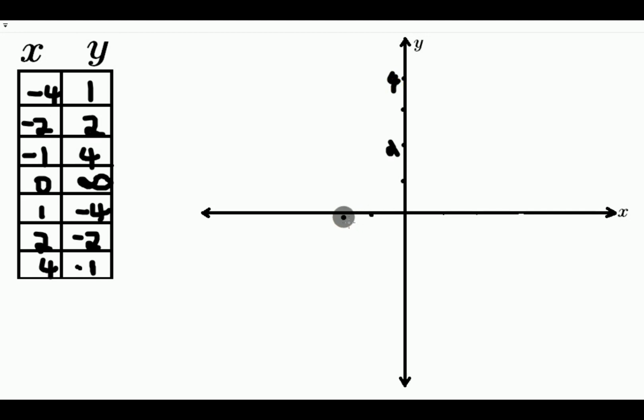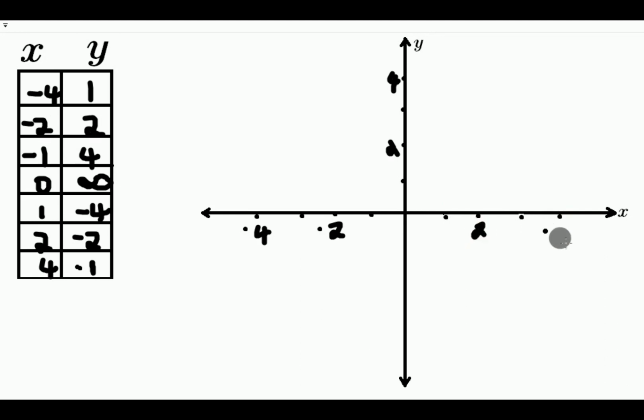So on the side we have negative 1, negative 2, negative 3, minus 4. Here we're going to have 1, 2, 3, and 4.